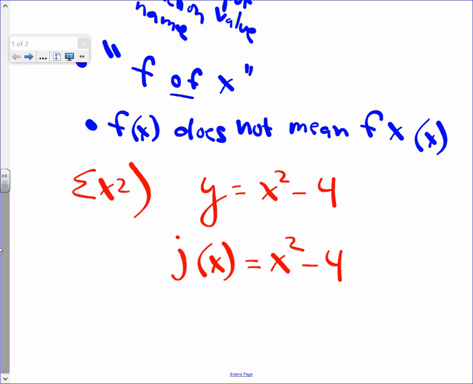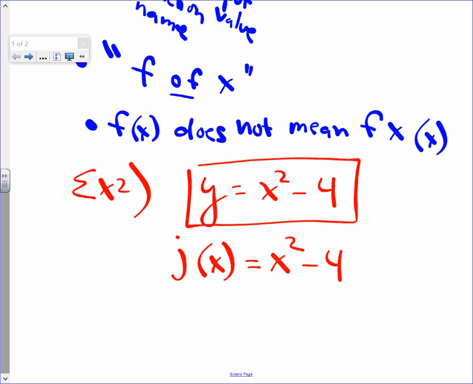Okay? So everything's the same. You're used to this y and x. The only difference now is that instead of y, you're going to put function notation, because higher level mathematics involves this kind of notation versus this.